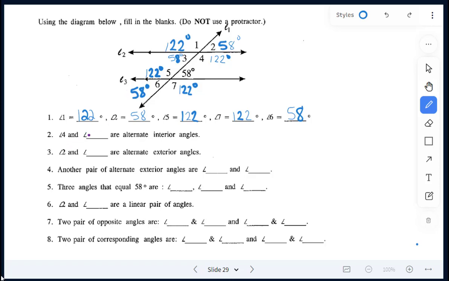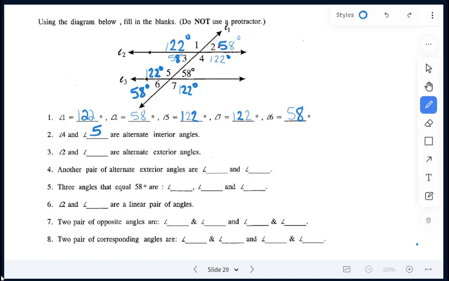Angle 4 and angle blank are alternate interior angles. So angle 4 is here. Therefore, its alternate interior angle would be here, so angle 5. All right, those are two examples of alternate interior angles.